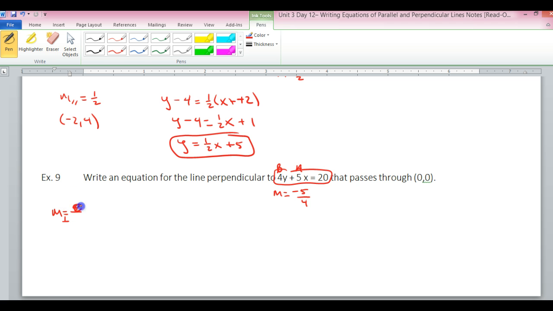And the reciprocal of 5/4 is 4/5. So the slope of my perpendicular line will be 4/5 through the point (0, 0). Y minus 0 equals 4/5 times x minus 0, which gives you basically y equals 4/5 x. And you are done.